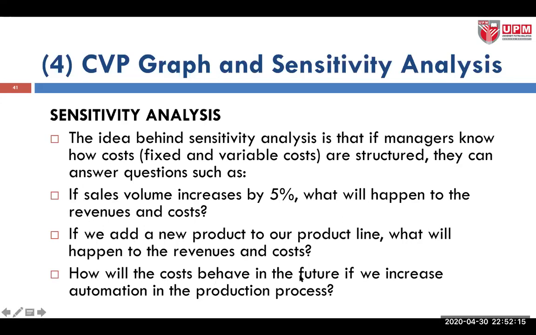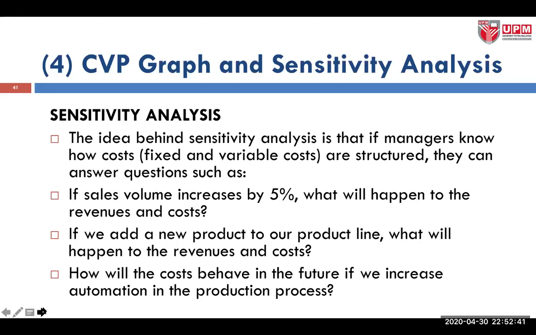How will the cost behave in the future if we increase automation? You reduce people, but at the same time you buy robots, or you include IR 4.0 in the manufacturing. What's the CVP graph going to look like? So I leave it to you, your creativity.